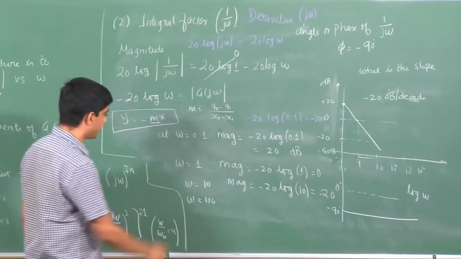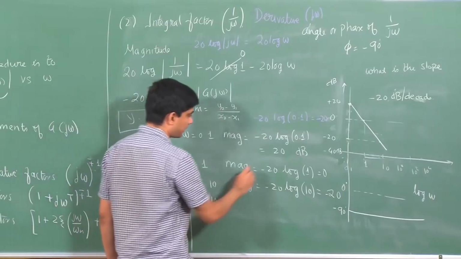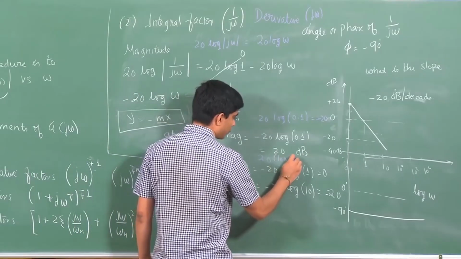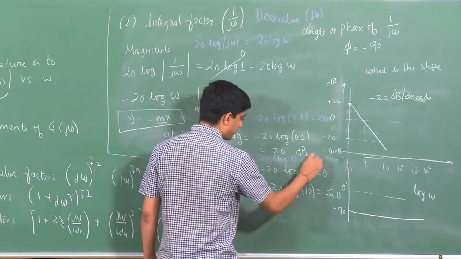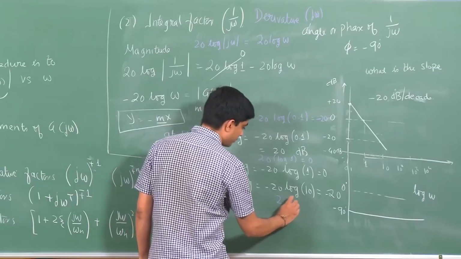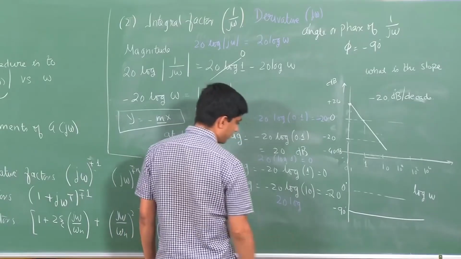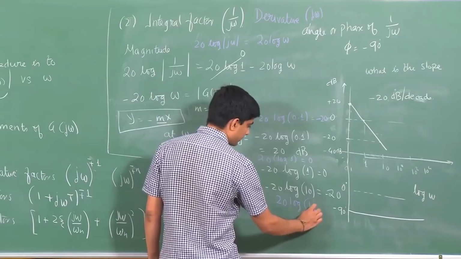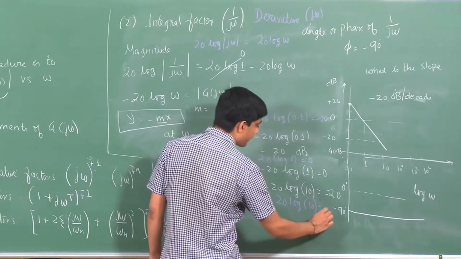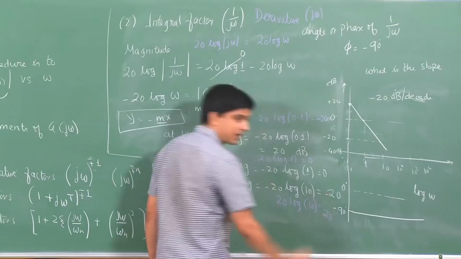Similarly, at omega equal to 1, the magnitude 20 log 1 is 0. At omega equal to 10, 20 log 10 becomes plus 20, and so on.